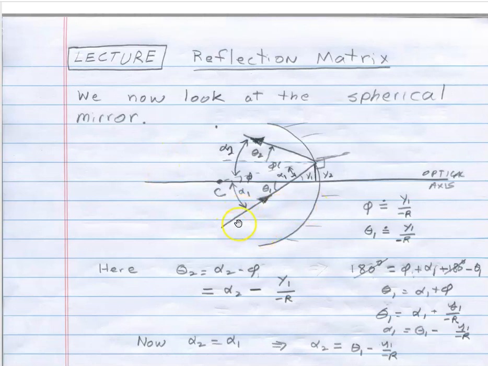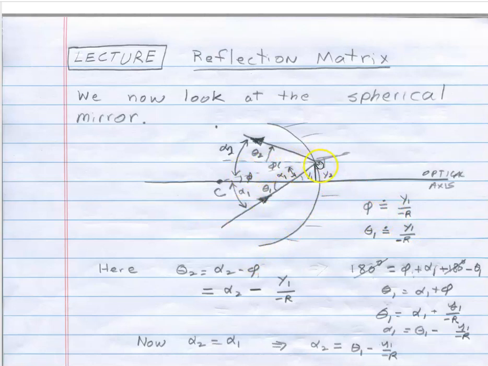And here's the entry ray. We're looking at paraxial rays, so this distance y1 is effectively the same as this arc length here, and the angle theta 1 is the same as this angle over here, and so we could write a couple of things with that.